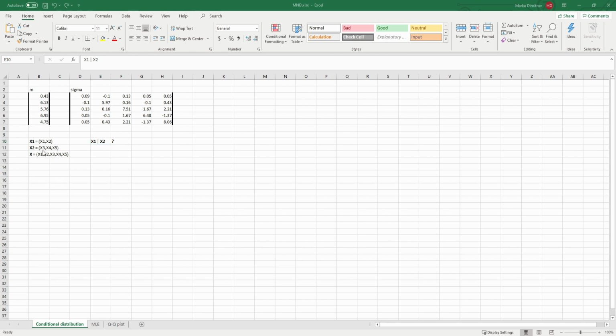What we know is that the dimension of this vector, so we have a dimension of 2, dimension of 3, and dimension of 5 for each of these vectors. So the distribution of this one by the theorem is going to be the same dimension as this vector.